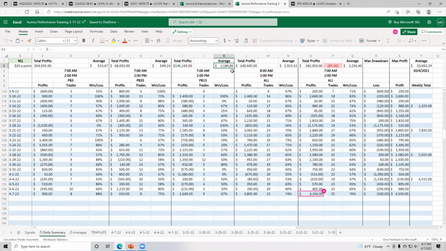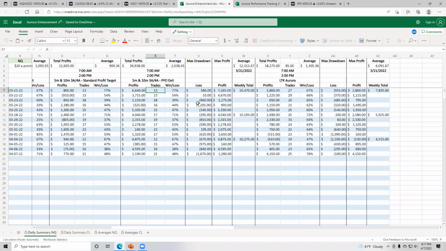PB13 trades average $1,180. And under the PFO exit, trading 5 and 10 minute charts, it's $2,600. So that's looking at it strictly from a this versus that.